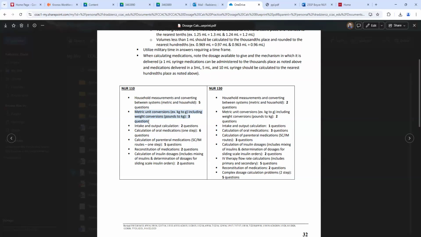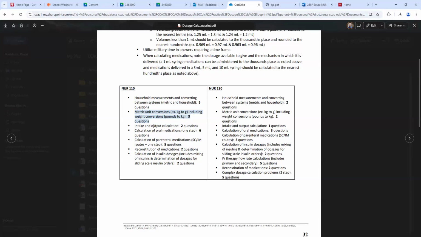So those are the two areas where you're going to get a chunk of 8 questions. You're going to get 2 questions on what are called intake output calculations. At Allegheny campus, we do replacement volume calculation, where the patient voids a certain amount and then we calculate the replacement volume.